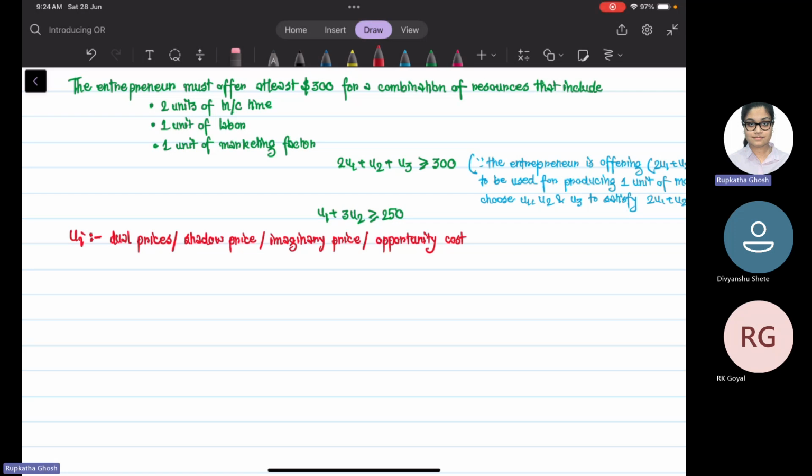Please remember, this does not measure cost, but measures potential variations. Marginal contribution or variation, whatever you want to call it, to the profit.